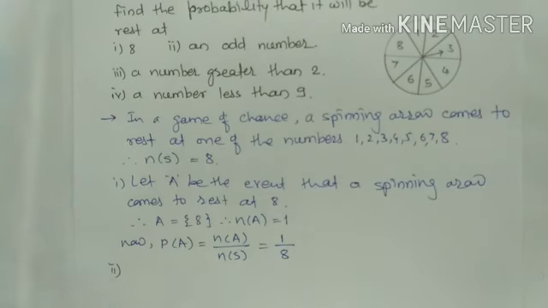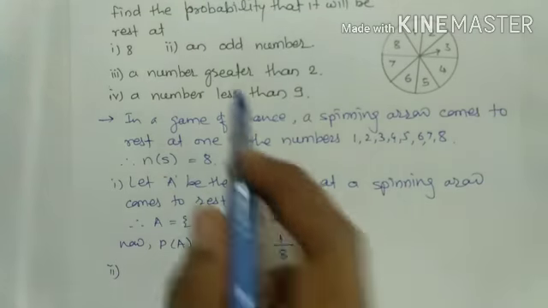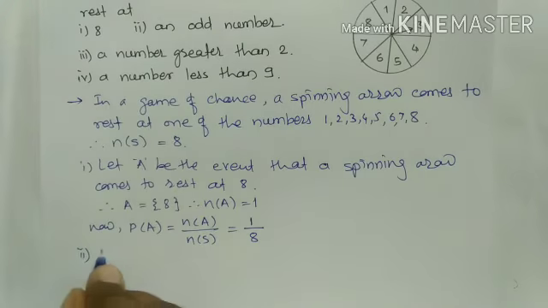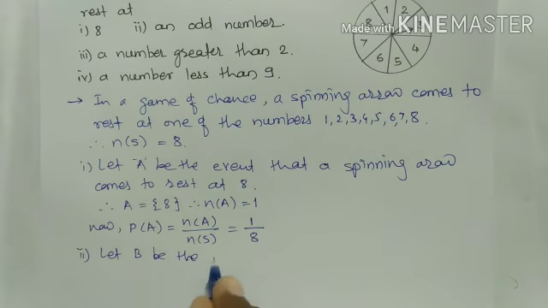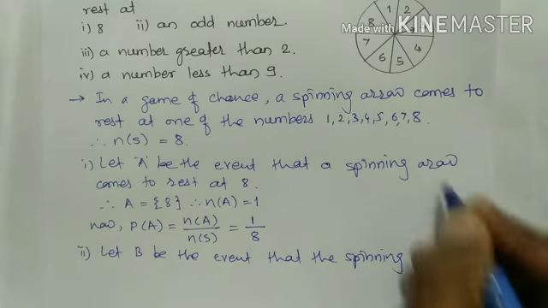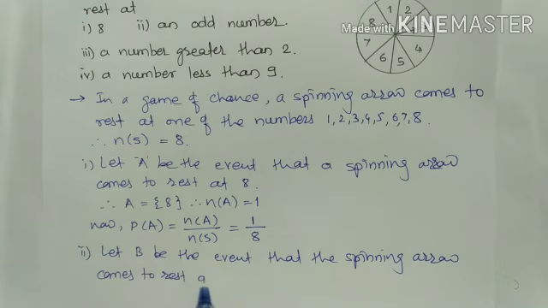Now, let B be the event, the second event, that the spinning arrow rests at an odd number. So here we take, let B be the event that the spinning arrow comes to rest at an odd number.